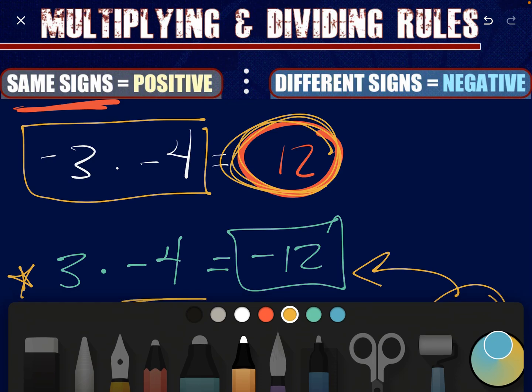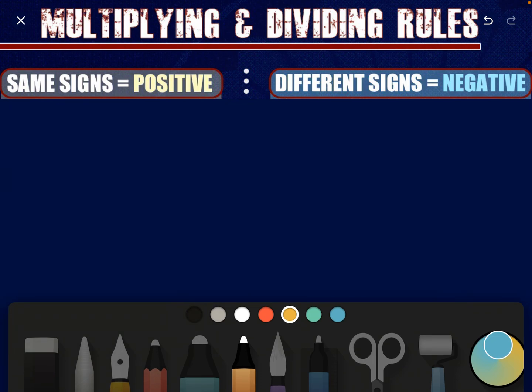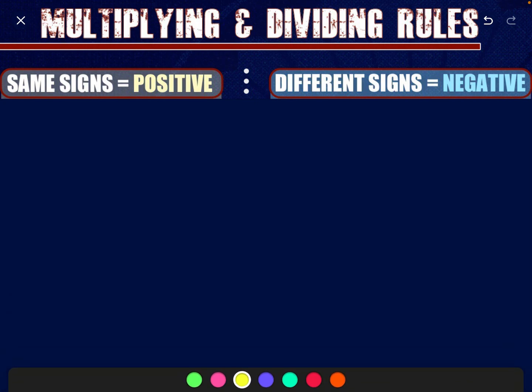All right. Now, the same is true when we divide. When you got a division problem, it's the same rules. Okay. Now, a lot of times you might write a problem like this: 20 divided by negative 4, which means the same thing as a division sign.